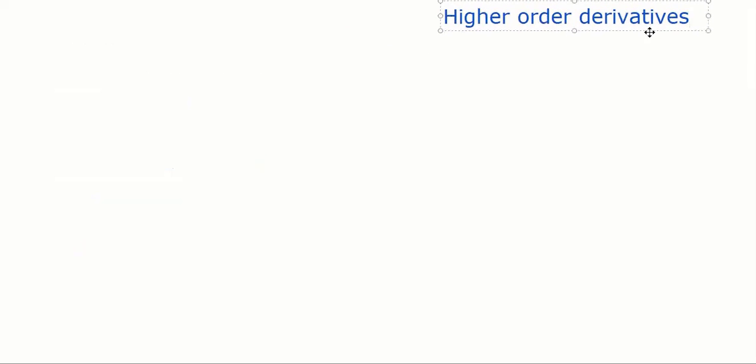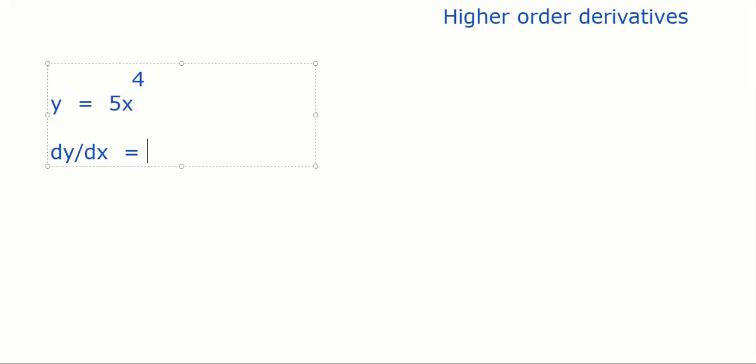Higher order derivative means what? Suppose I say y equal to 5x to the power 4. As I told you, when you take the first derivative dy by dx, it is known as the first order derivative.